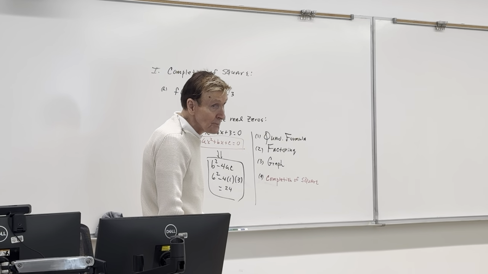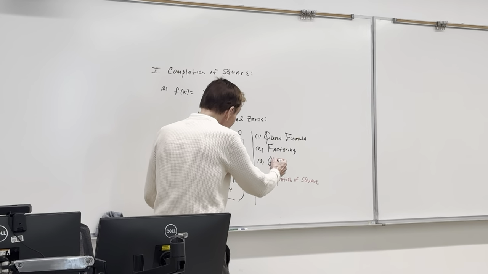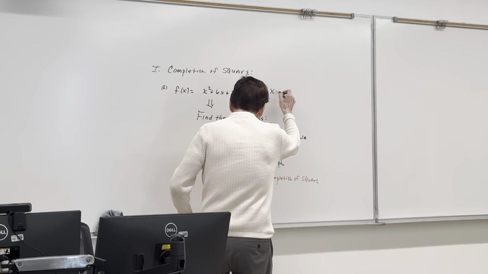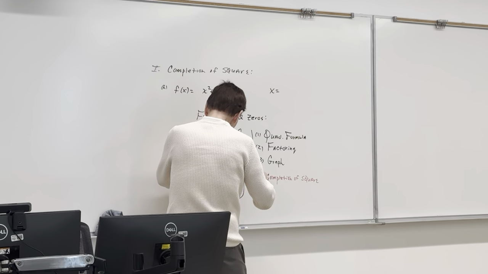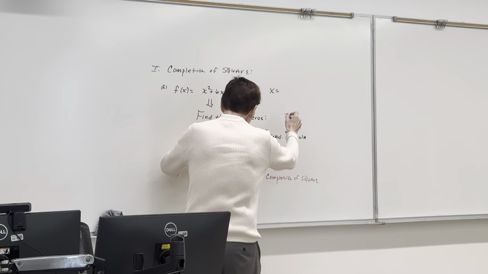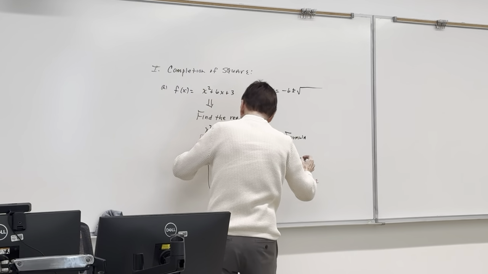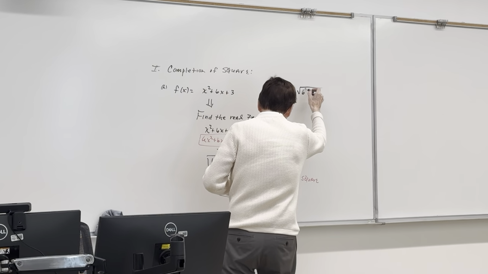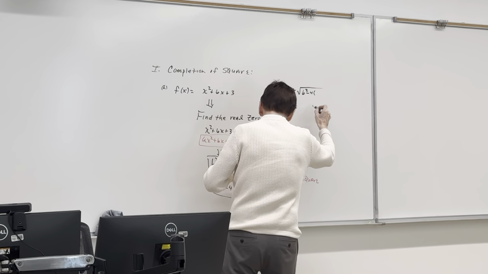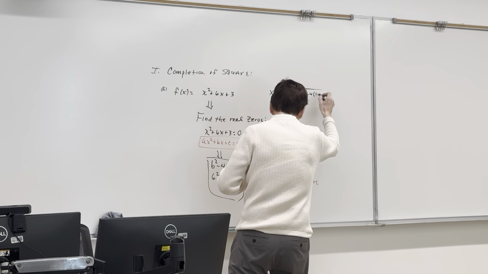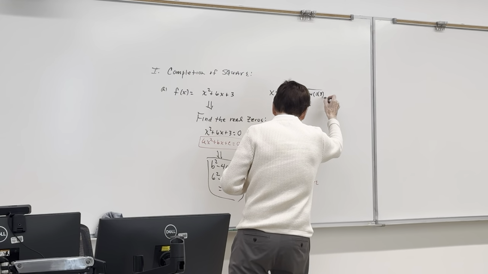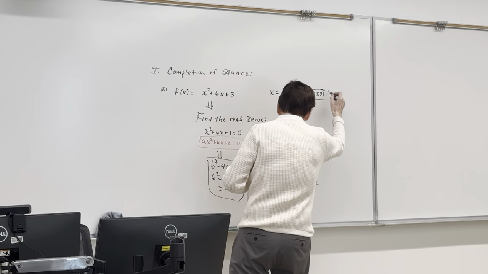Quadratic formula. So if I go to quadratic formula, I'm on the side here. x is equal to, here we go, negative b, where am I? Yeah, negative 6 plus minus square root 6 squared, subtract 4 times, just like we said earlier, 4 times 1 times 3, all over 2.